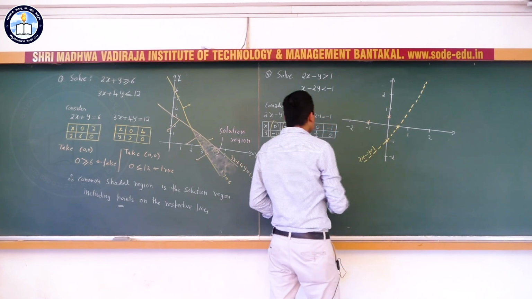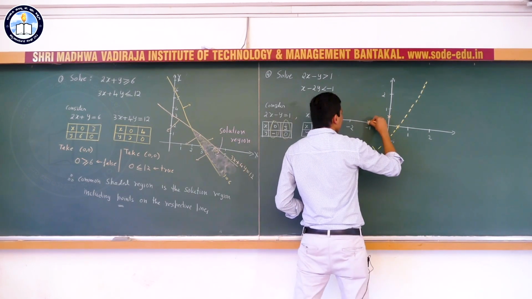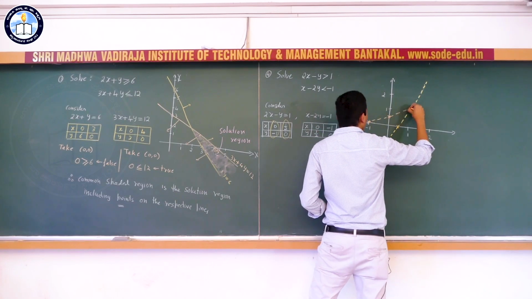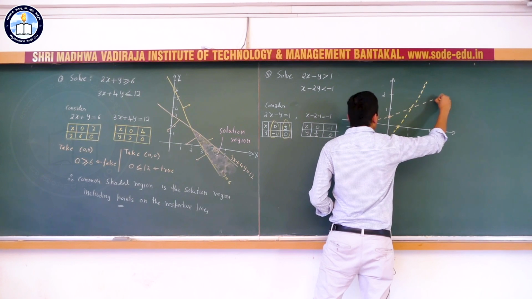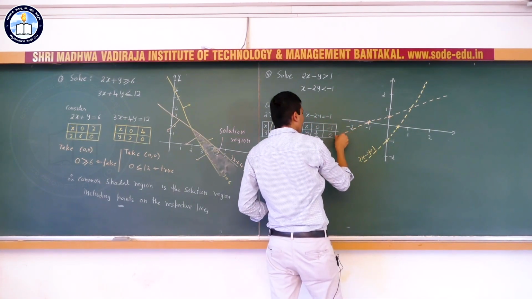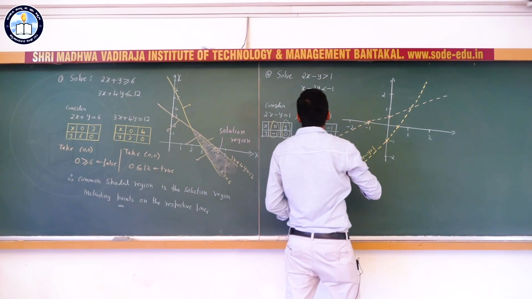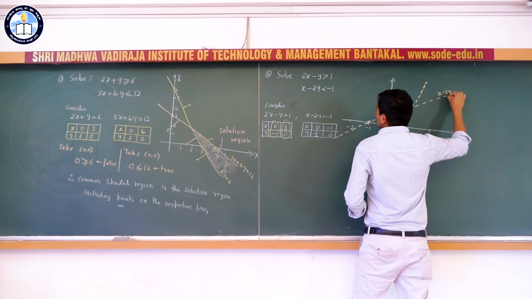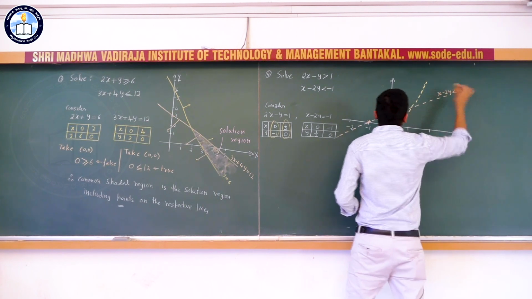Once again, a dotted line. And what's the name of this particular line? It is x minus 2y, which is less than -1.